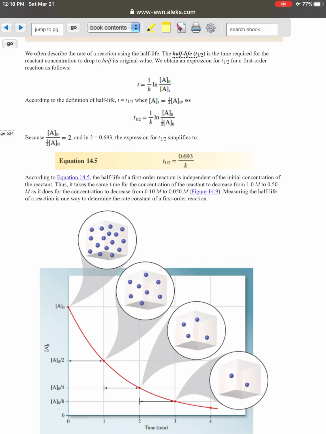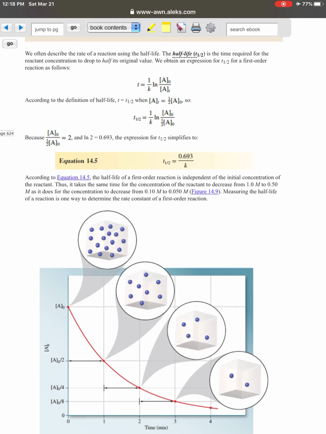The statement that it is equal to 0.693 is not true. It is approximately equal to 0.693. For any calculation that you're doing, you're perfectly fine using that value, ln 2 equals 0.693. The expression for t1/2 simplifies to equation 14.5: t1/2 equals 0.693 over k.